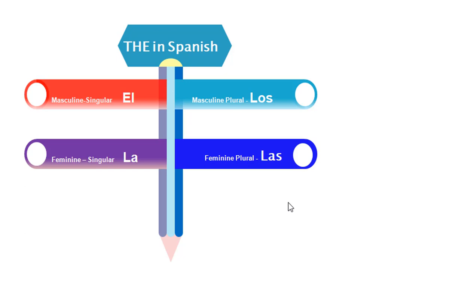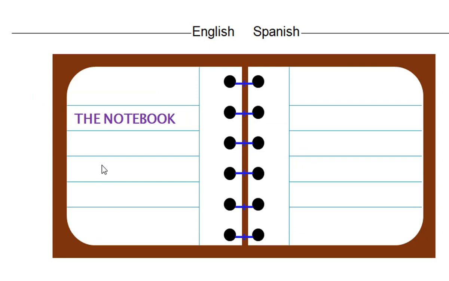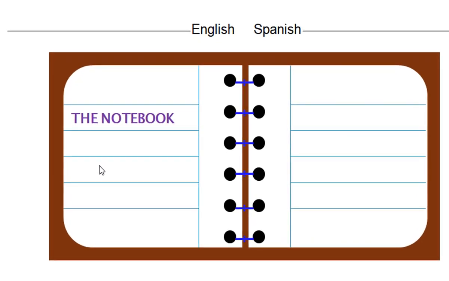Okay. So let's go and see some real examples to understand what we are talking about. Yes, we have a notebook on the screen, and in English we say the notebook. What do we say in Spanish or in Español? The term for notebook is cuaderno or libreta.